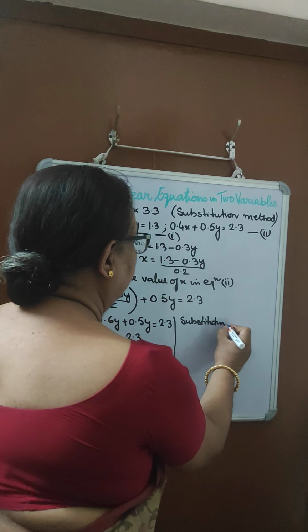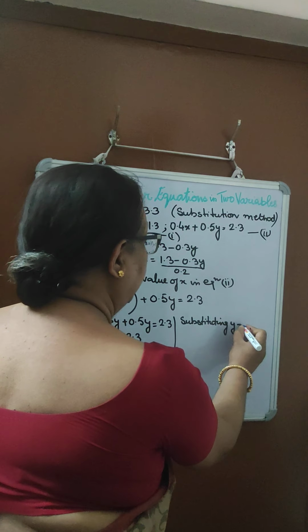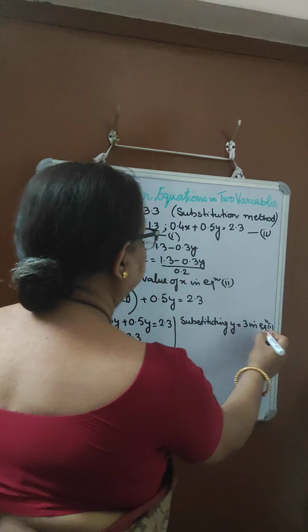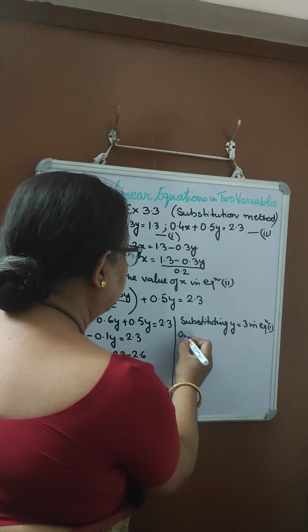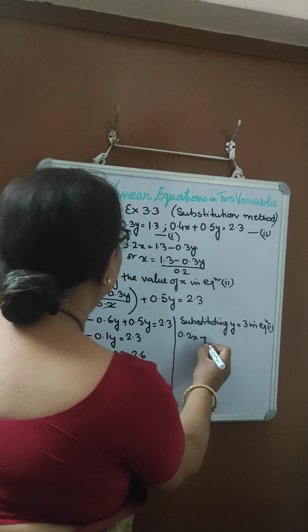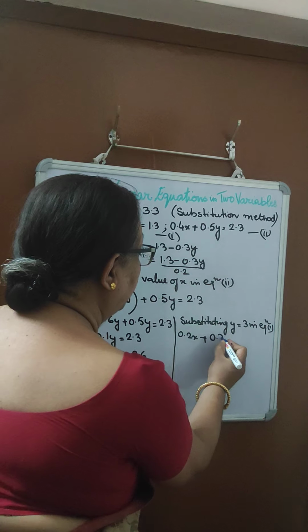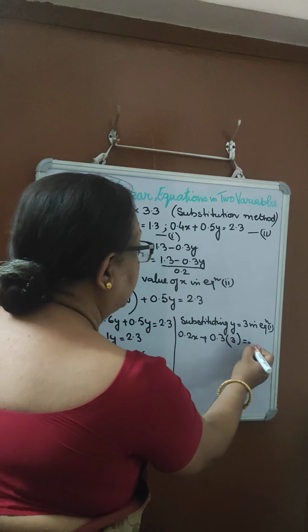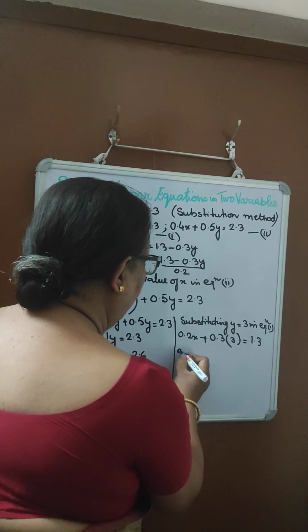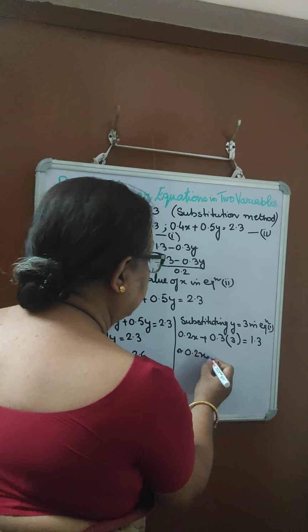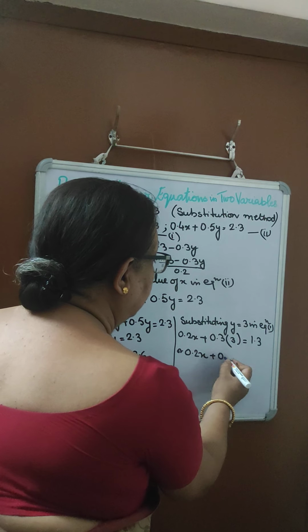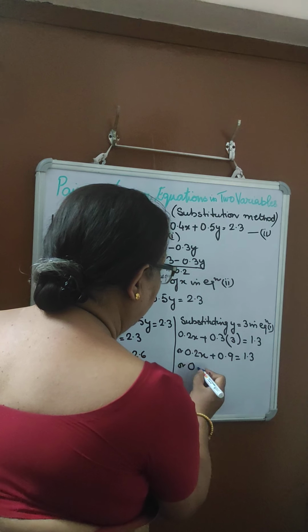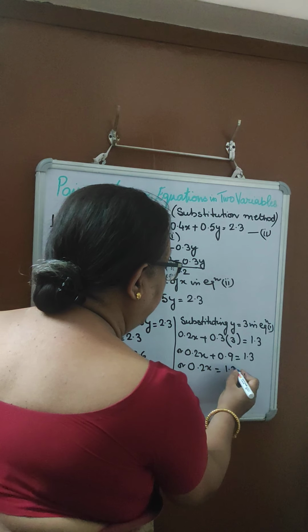Substituting y equal to 3 in equation 1. 0.2x plus 0.3 in place of y, this 3 equal to 1.3, or 0.2x plus 0.9 equal to 1.3, or 0.2x will be 1.3 minus 0.9.